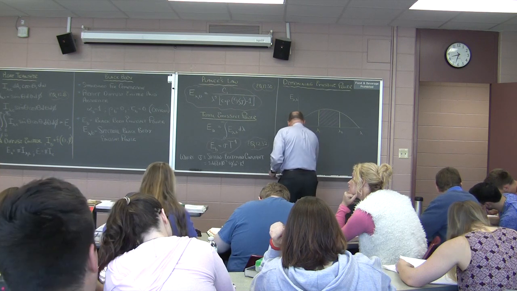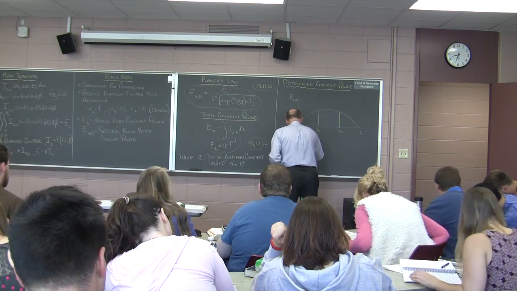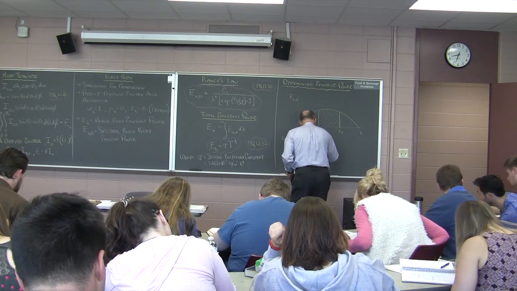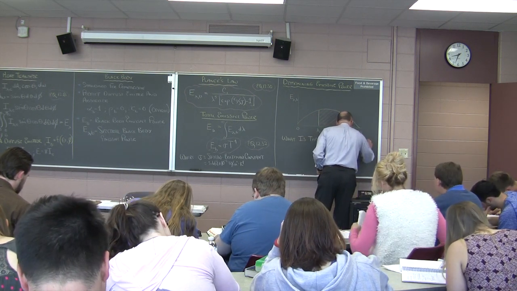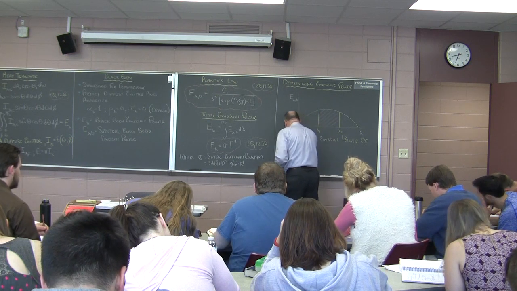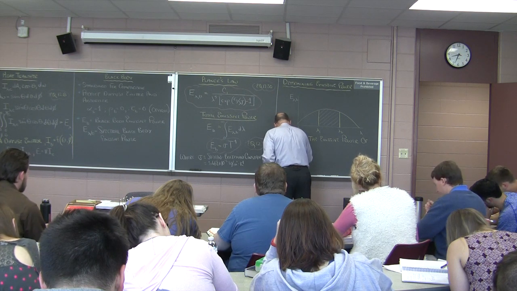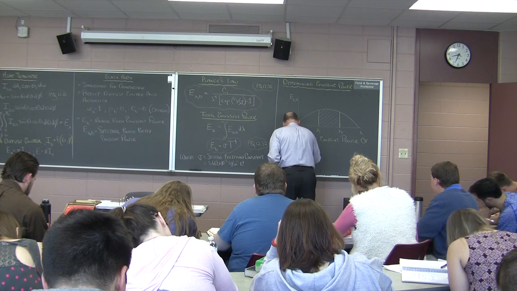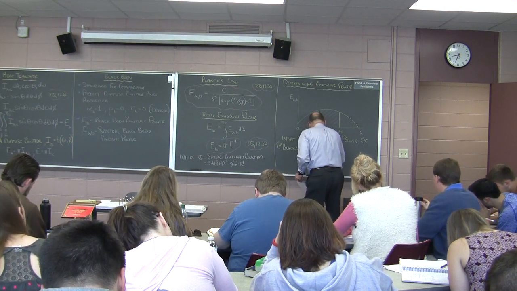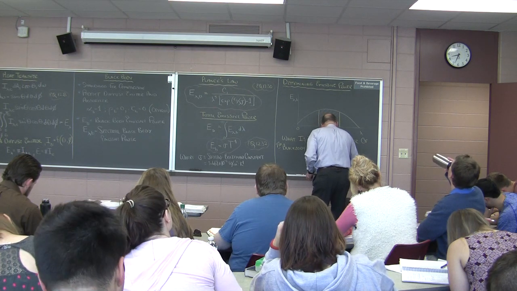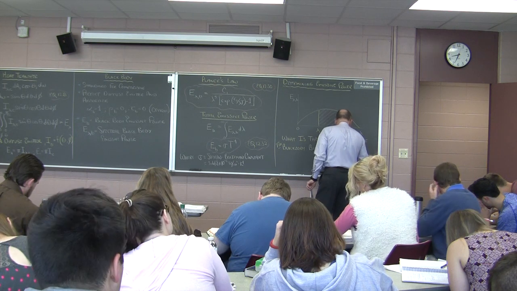What is the emissive power of the black body shown above, between lambda 1 and lambda 2?